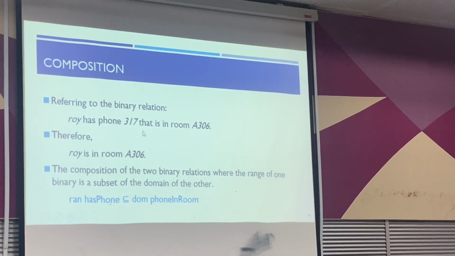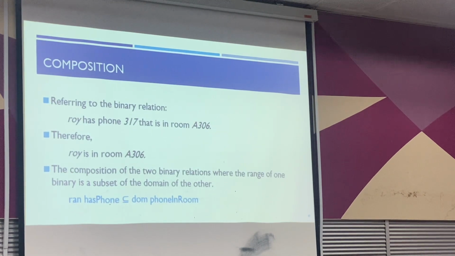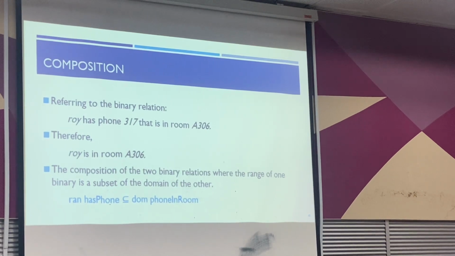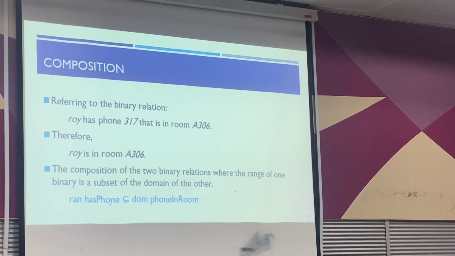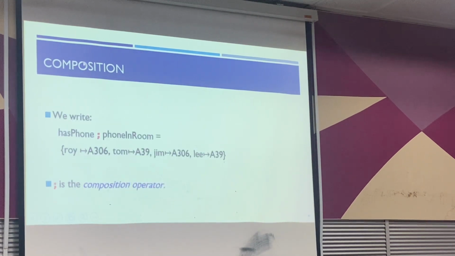So we want to eliminate the phone number here, because it's the same thing. You are telling that this person stays in this room, rather than this person uses this phone and this phone is in this room. So why not just say this person is in this room? You skip the middle part. Make sure that when you skip that, the middle part must be the same, a matching pair. If not matching, you cannot do that. We call that composition. So how do we do that? You just write like this.